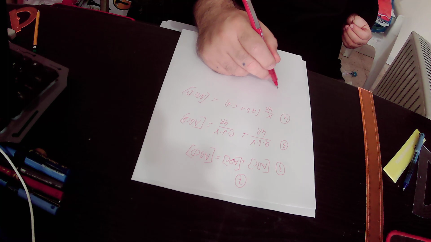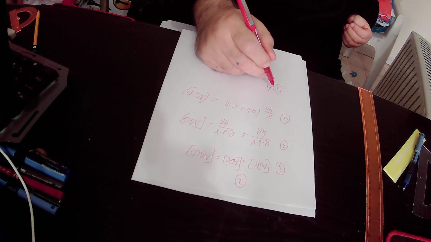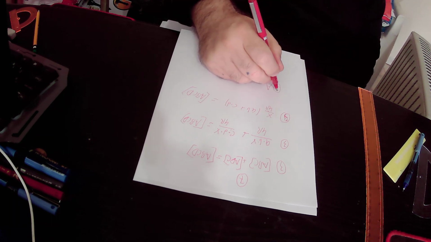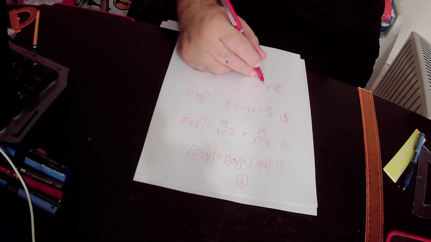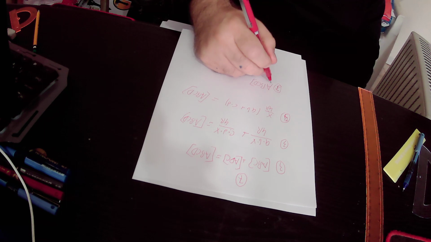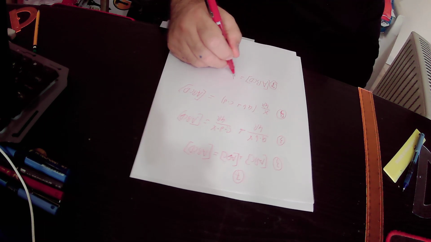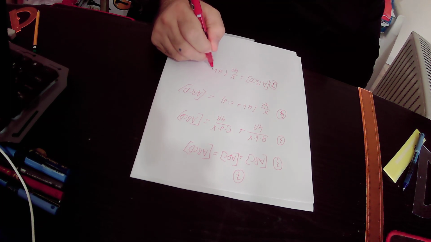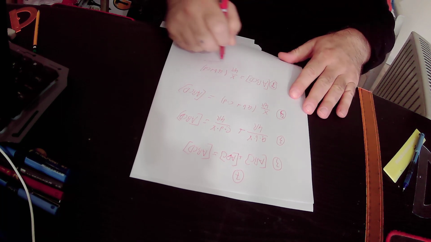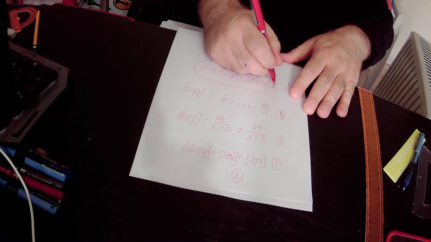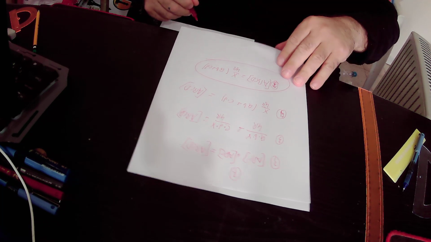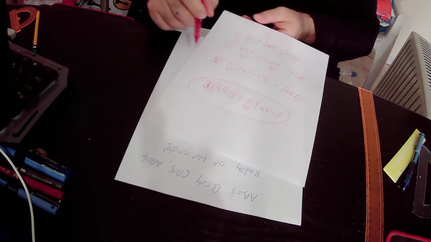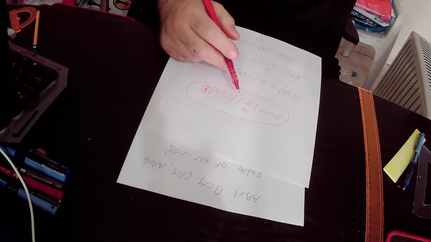So I write again that the area of ABCD, according to equation number 3, equals x over 4r, in the brackets A times B plus C times D. This will be equation number 3: the area of ABCD equals x over 4r times (AB plus CD).